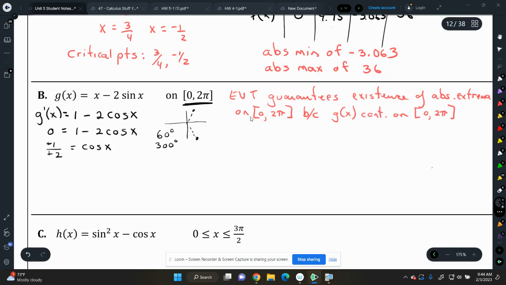This is stated in radians, so we need to state it using radians. X is equal to pi over 3, or 10 pi over 6, or 5 pi over 3.